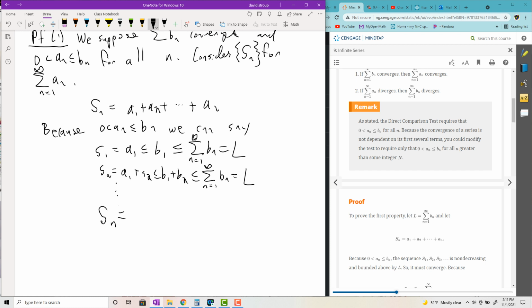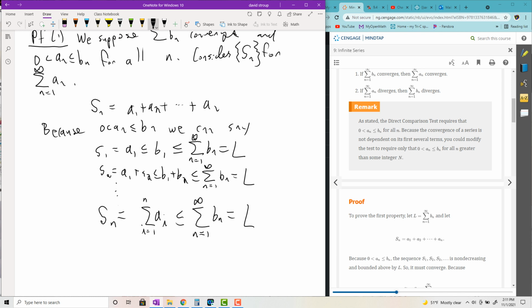So note S sub n equals the sum from i equals 1 to n of a sub i. We have to use different limits because we're using n on the outside. That will be less than or equal to the infinite sum n equals 1 to infinity of b sub n, which will be equal to L, for all n, really.